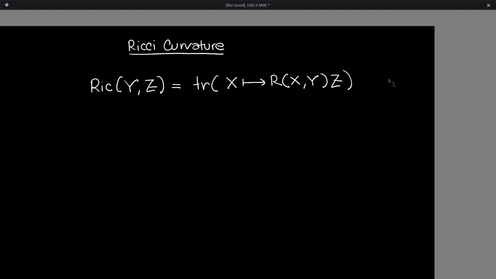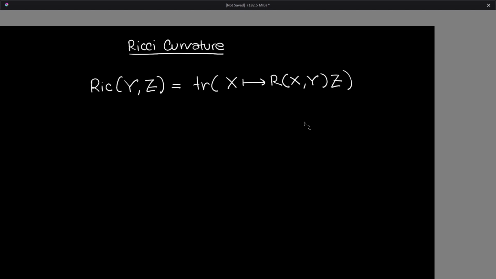So when you're coordinate free, the trace operation is a little bit difficult to understand. This is telling you about a matrix that takes you from X to Rxyz, right? It's not the trace of Rxy. It's the trace of whatever matrix will take you from X to Rxy of Z.